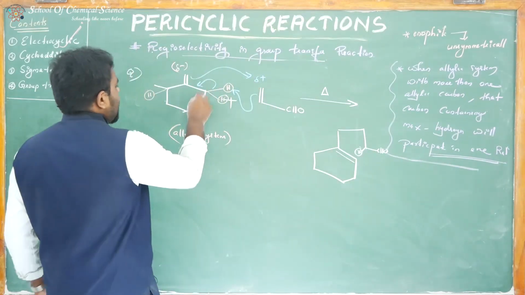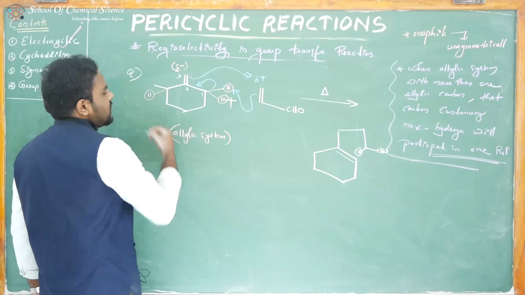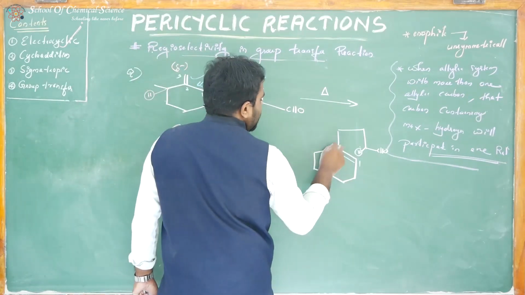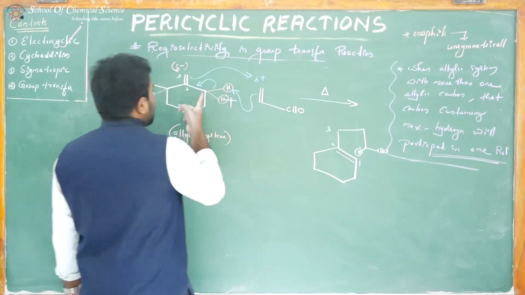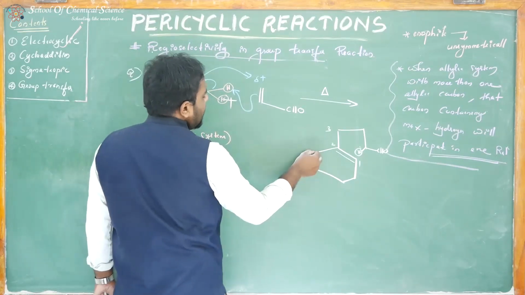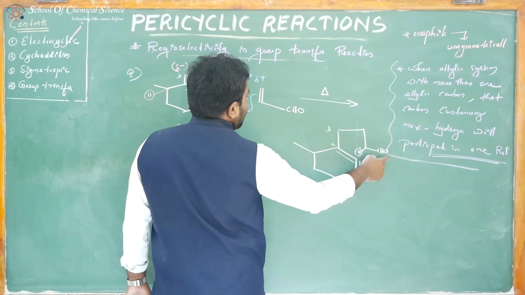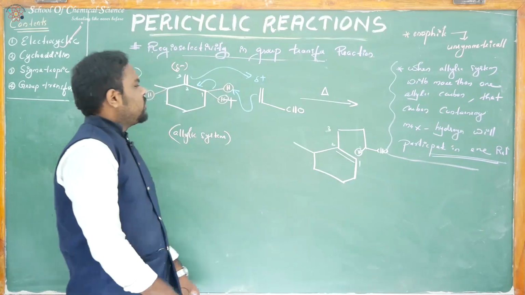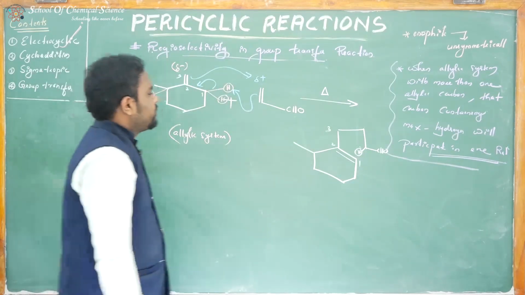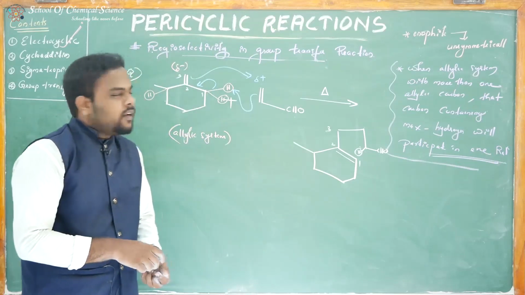Giving numbers 1, 2, 3: between 1 and 2 a pi bond is there, here a methyl group is there, 3 is connected to 4 and 5, 5 containing CHO, and hydrogen is transferred to that 5th carbon. So that will be your product.